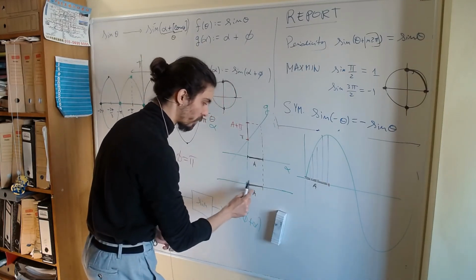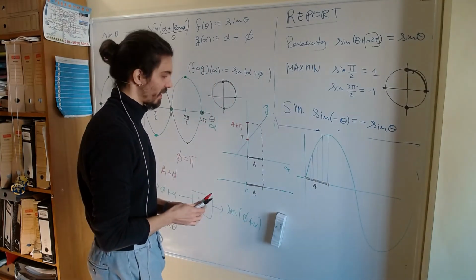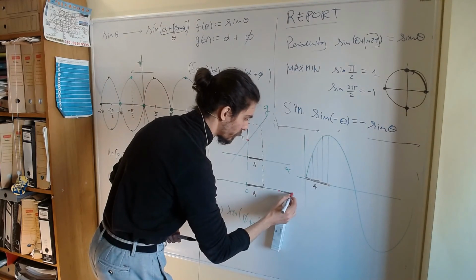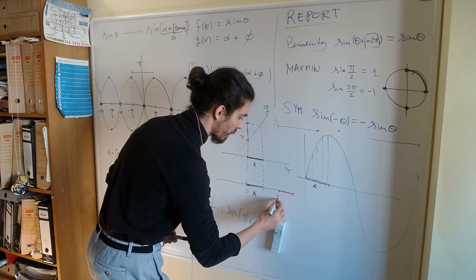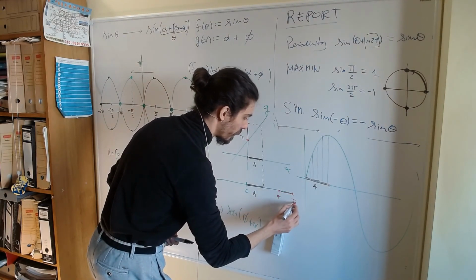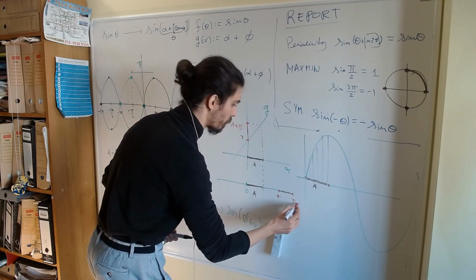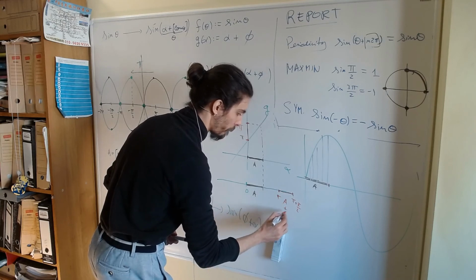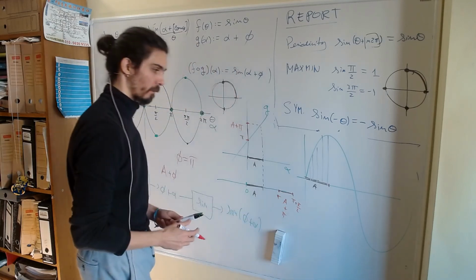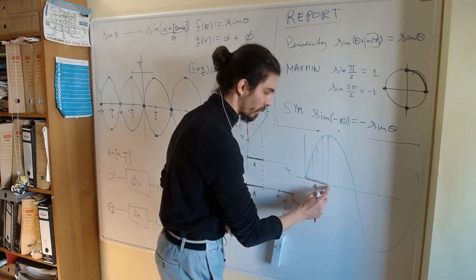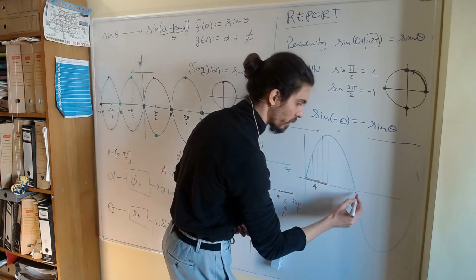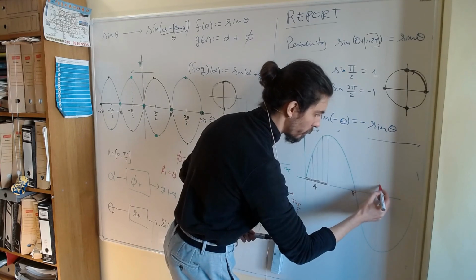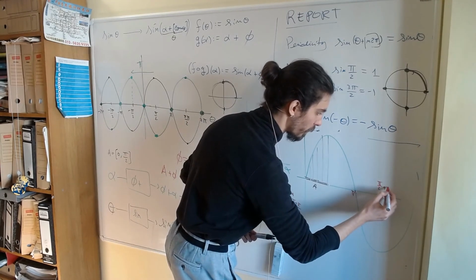Because it's 0 up to pi over 2, and the other one starts here and goes up to here. So it starts at pi and goes up to pi plus pi over 2, right? So this part here is now the A plus pi, right? So it doesn't start here. It starts here. From pi until pi over 2 plus pi.